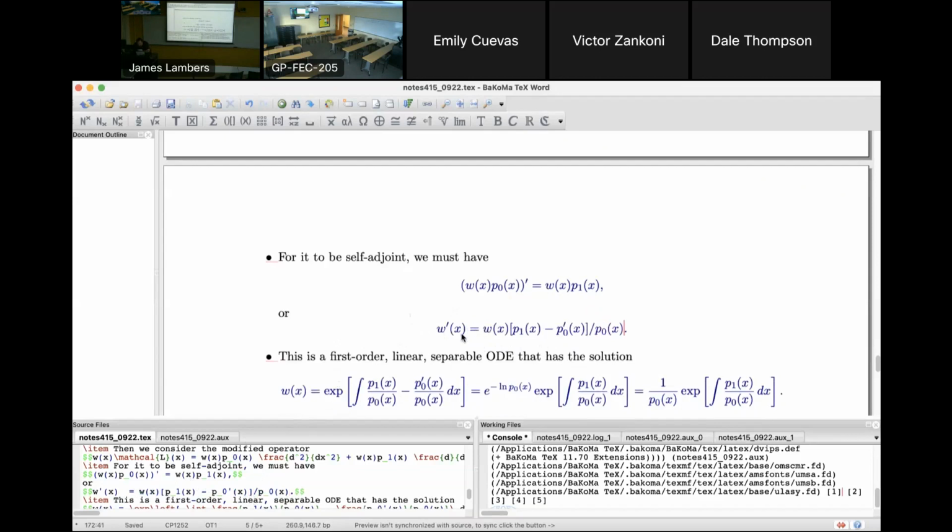So the solution is the exponential of the integral of whatever function is multiplying your solution on the right side. This is one of those good-to-know solution formulas for this kind of ODE. So this is what we get.